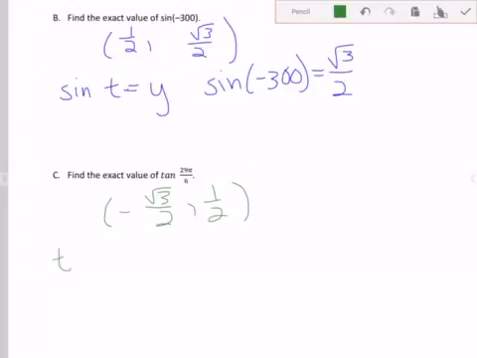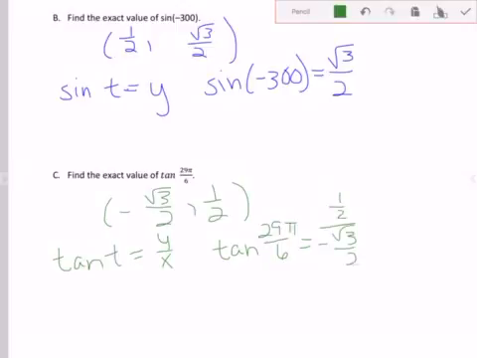So we're finding tangent of t, which is y over x. So I'm going to say tangent of 29 pi over 6 would be 1/2 over negative square root of 3 over 2. Do a little copy dot flip.